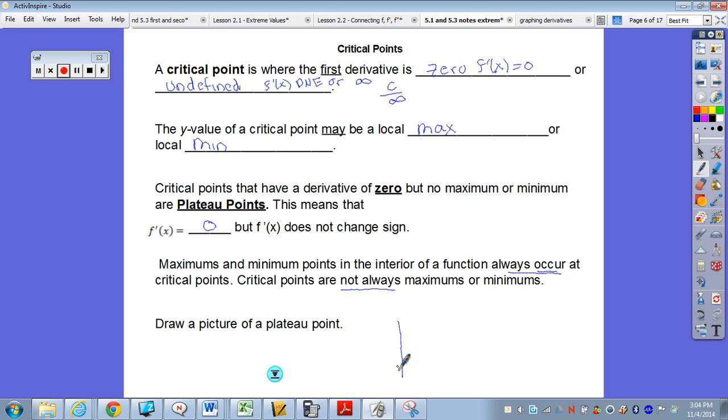An example of a plateau point is like this, where your function levels off, but the whole time your function is increasing, so your derivative is always positive because the slope is always positive. It could also be this way, where your function's always decreasing, so your slope or your derivative is always negative, but it levels off, so f prime at this point of a would be 0.